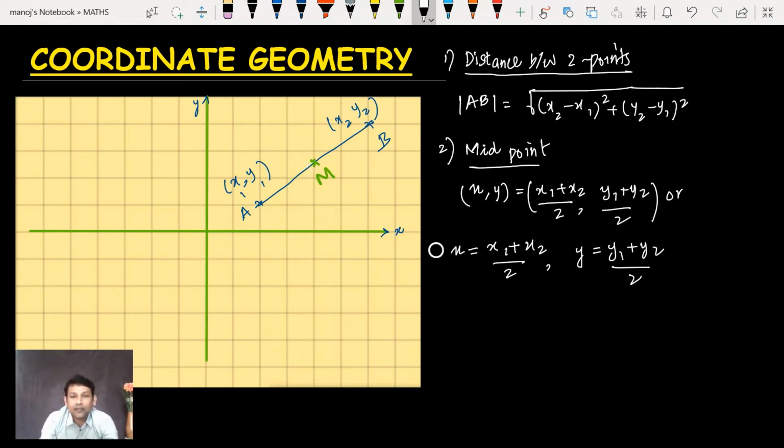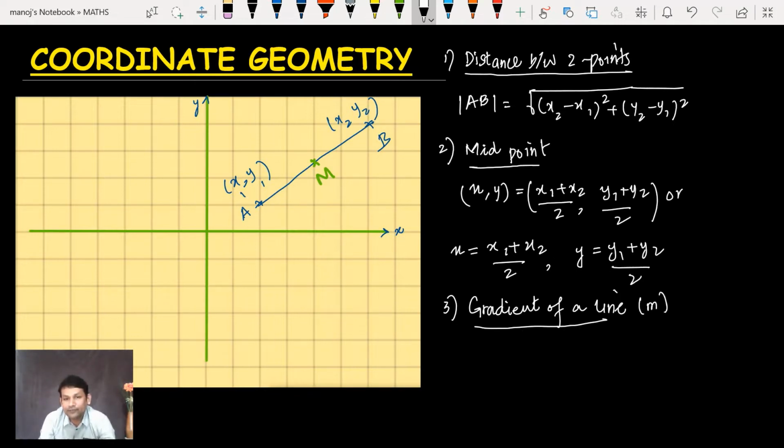Then we have to move on to how we can find the gradient of this line. The gradient, or we can say the slope, of line AB. Normally the gradient is shown with a small m.